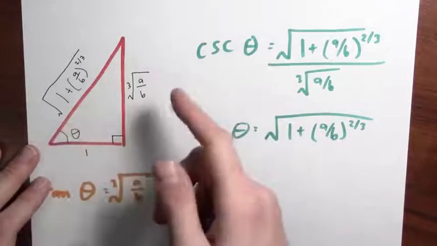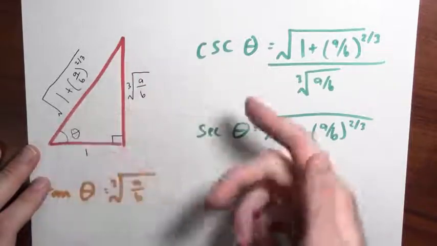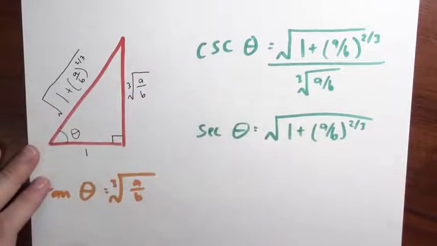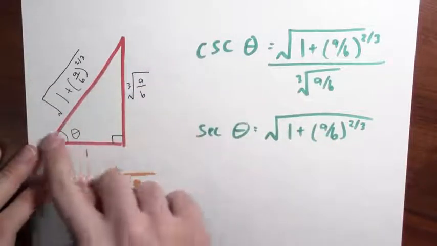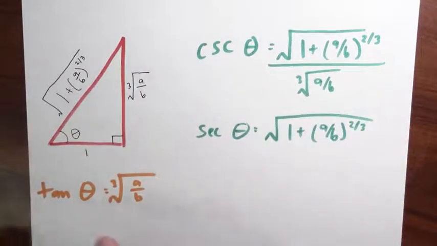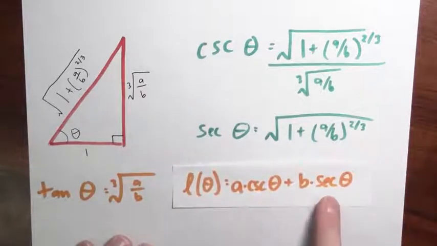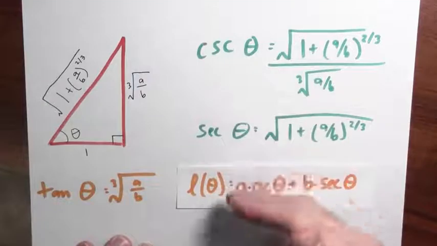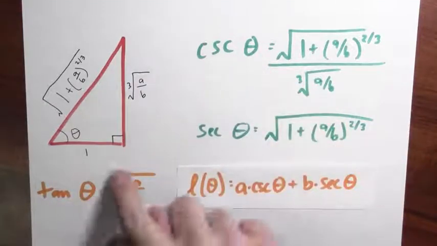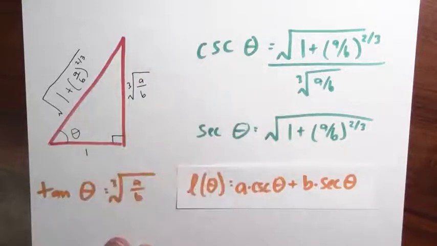Now this is a right triangle, which means I can compute the length of the hypotenuse, right? The length of the hypotenuse is the square root of the sum of these two lengths squared, and that's what I've written here. Okay, so I've got a right triangle, I've got an angle whose tangent is theta, and I'm trying to calculate L of theta. And if you remember back, L was defined in terms of cosecant and secant, and I can compute cosecant and secant for this angle theta by reading off the cosecant and secant from this triangle.